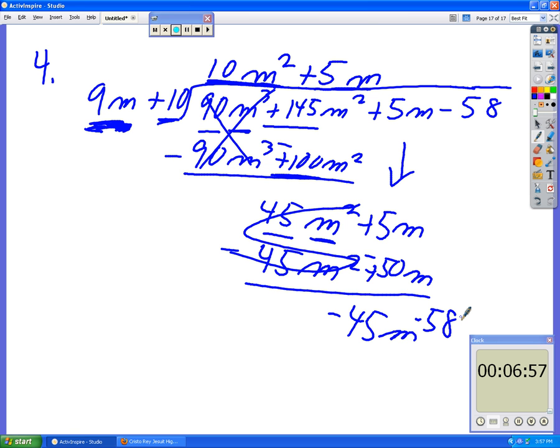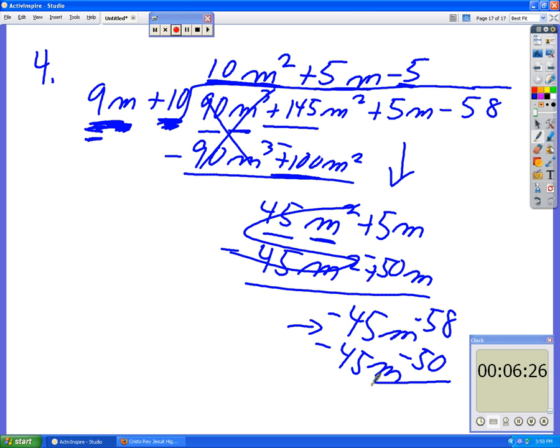And start over again. Take the 9 in front, this one, and divide it into the negative 45. 9 goes into a negative 45, a negative 5 times. Negative 5 times 9m is a negative 45m, and the 5, negative 5, times the 10 is a negative 50.